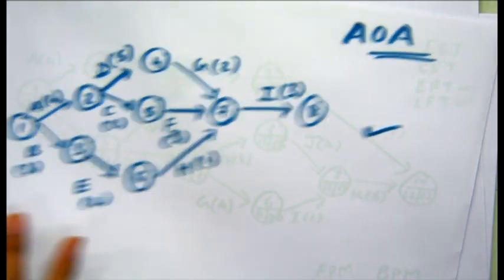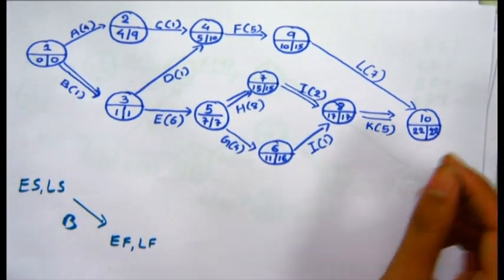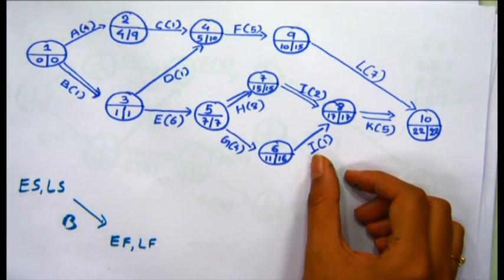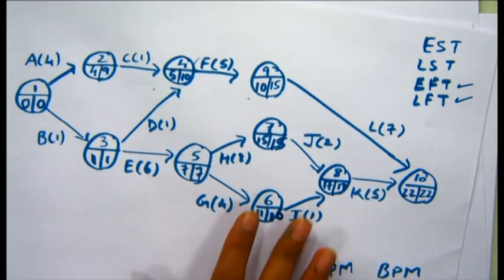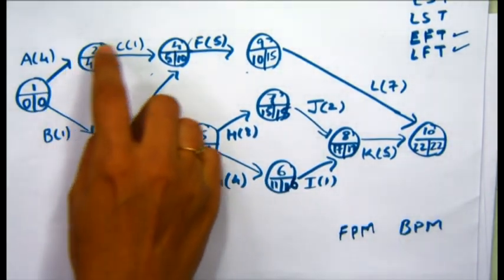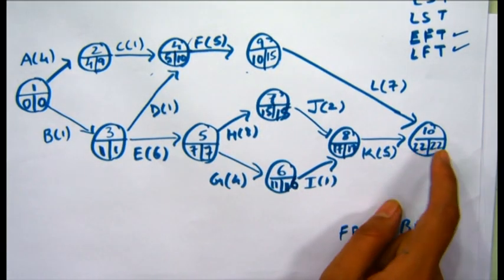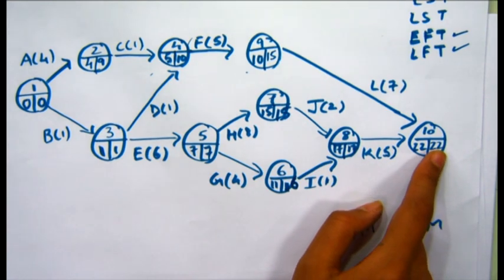To understand it better, this is the example that we have solved today. We see there are certain activities, and we have different paths that can lead us to the end node of this network.